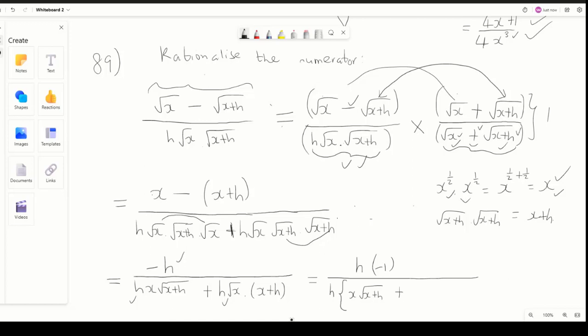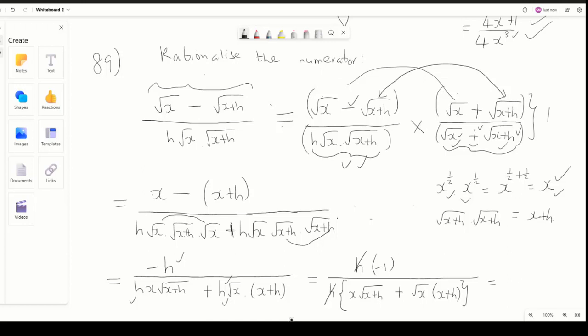Okay. Now I take the h out here, and I'm left with square root of x times x plus h. Now you can see that this h cancels the h.